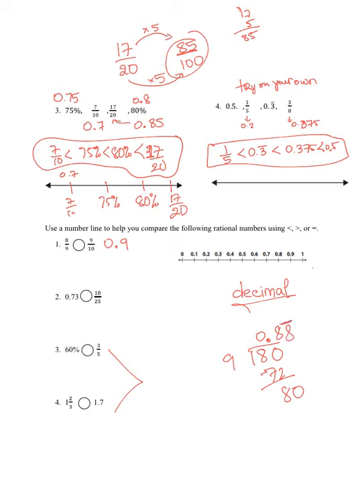So it's a repeating decimal, 0.8888. So 0.88 is less than 0.9. Done with 1.